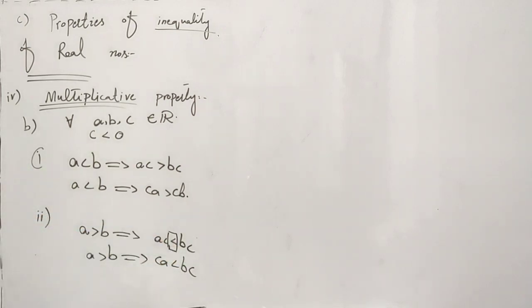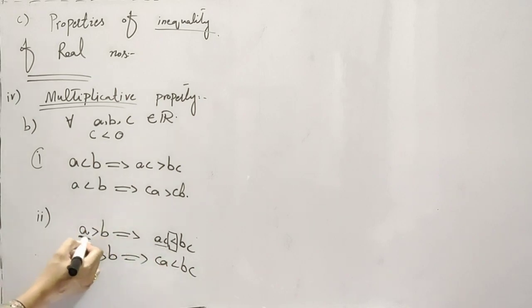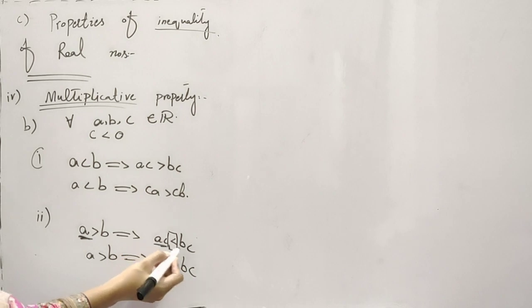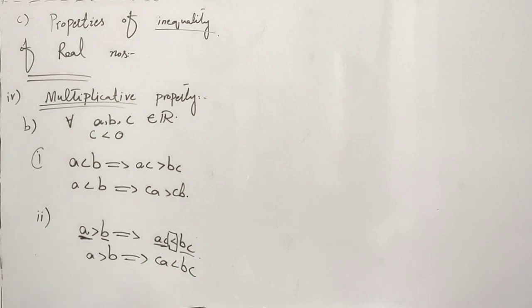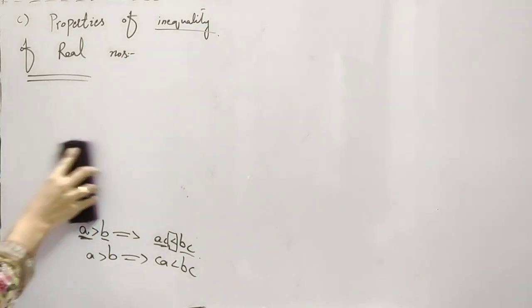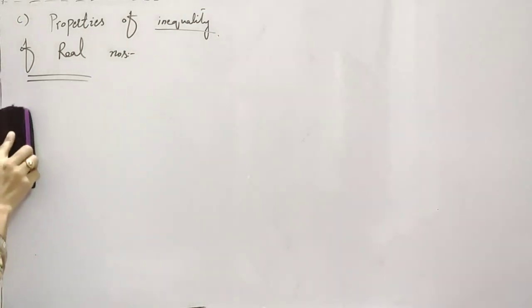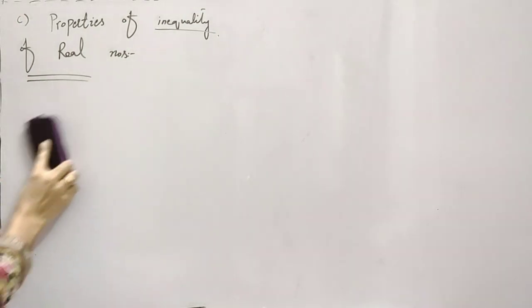Okay, because the greater value becomes the lesser and the lesser value becomes the greater value. This is the multiplicative property of the inequality of the real numbers. All the properties are very easy, so don't cram these properties, only understand these properties.